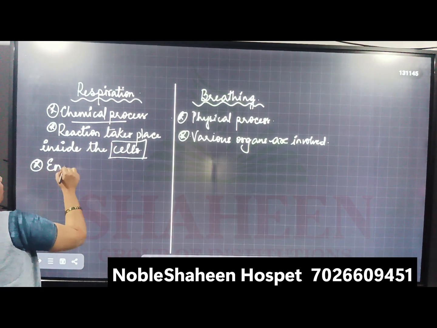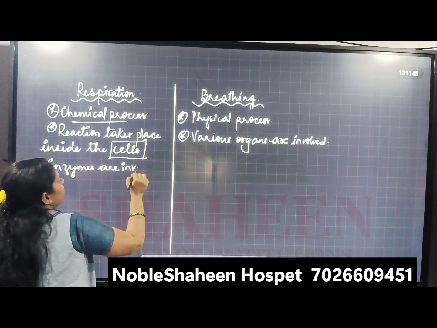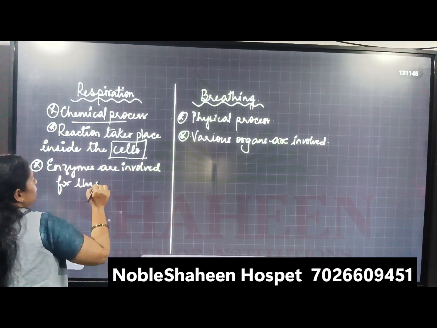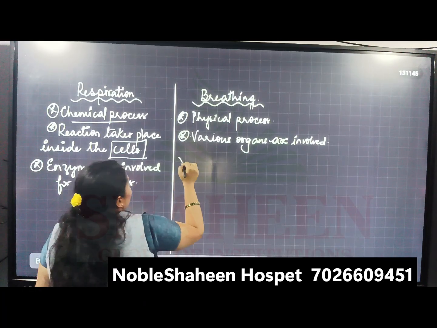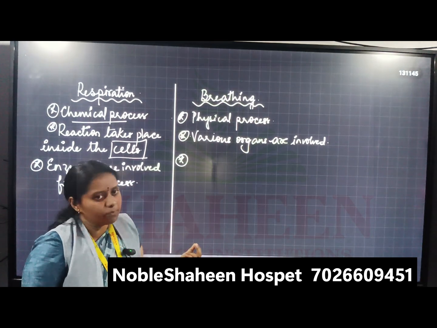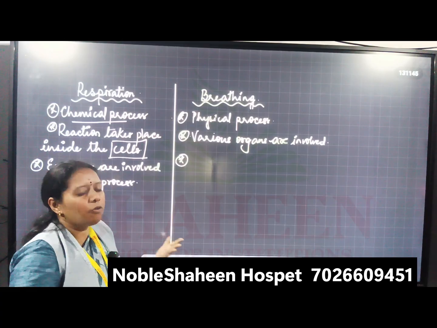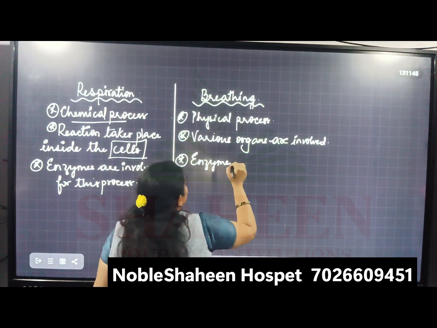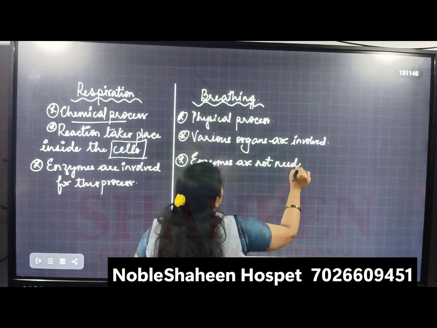So here enzymes are involved for this process, whereas for breathing, we all know that it's a very basic physical process by which all the different organs bring their functions together. You don't need any enzymes for this. So here, enzymes are not needed.